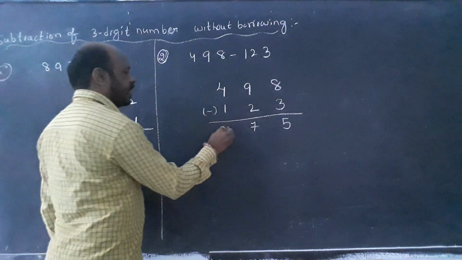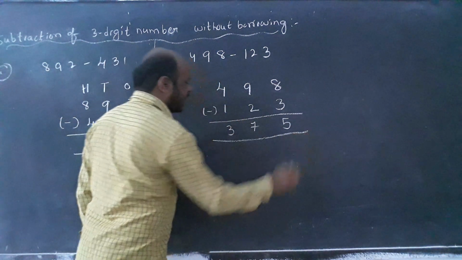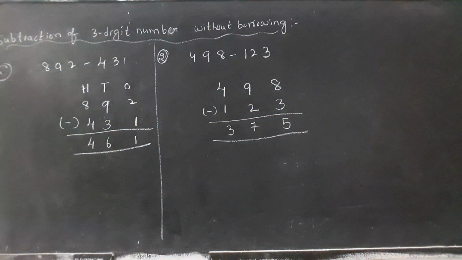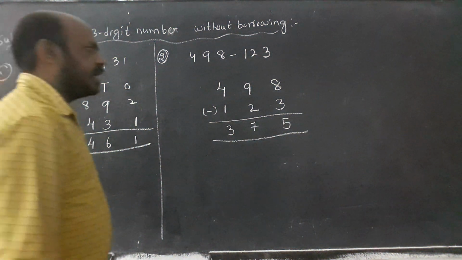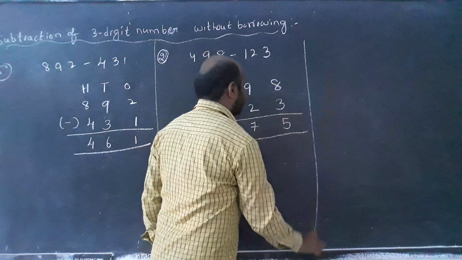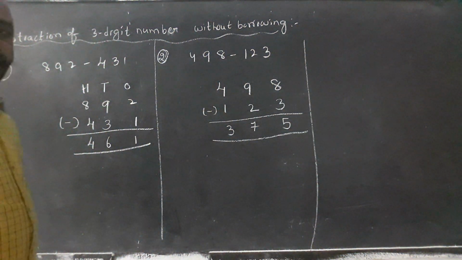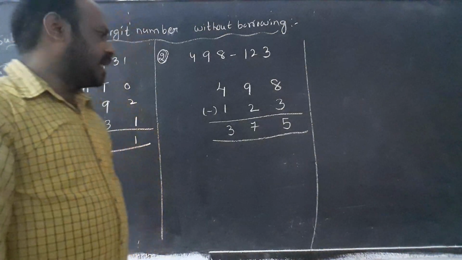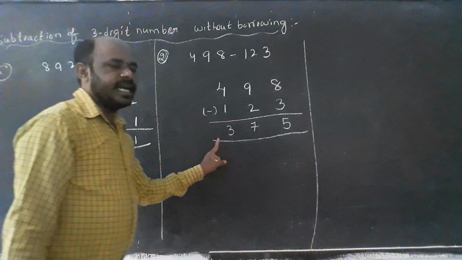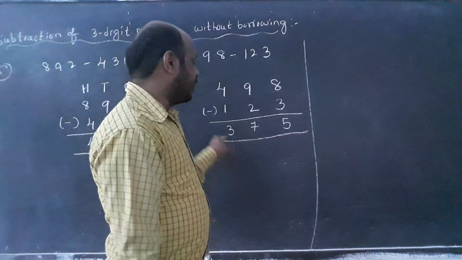And 4 minus 1 is 3. The difference is 375. The difference of 498 minus 123 is 375.